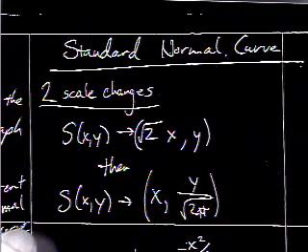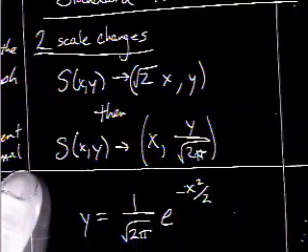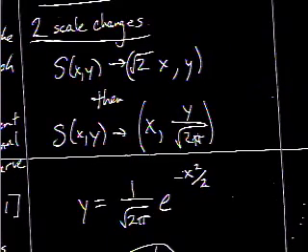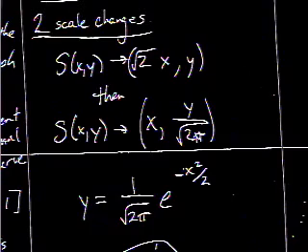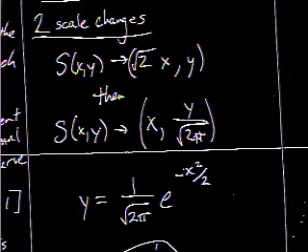And the second one, we divide the y's by the square root of 2 pi. Now, when you do that, you change this parent normal curve to look like this: y equals 1 over the square root of 2 pi times e to the negative x squared over 2 exponent.